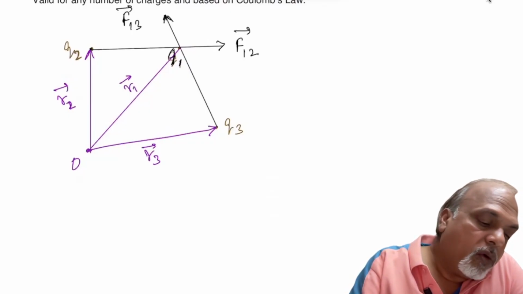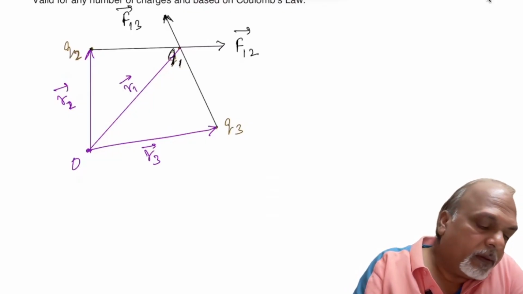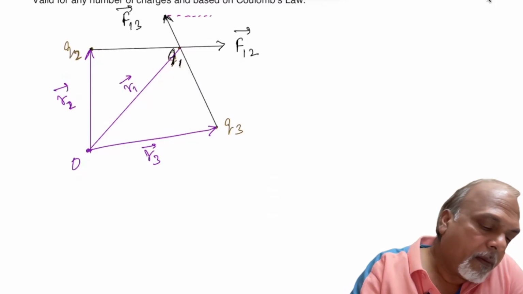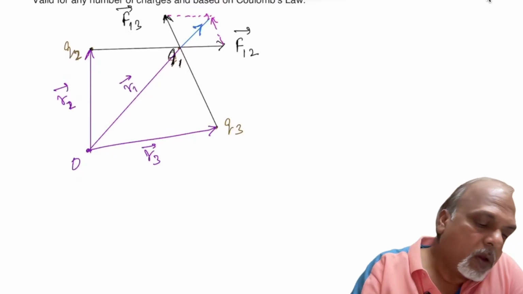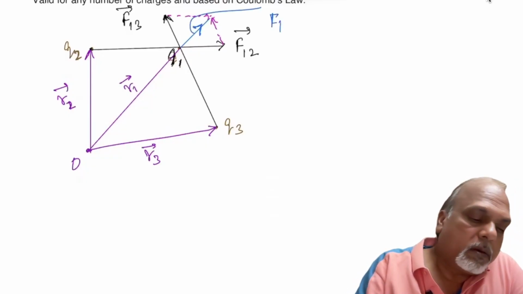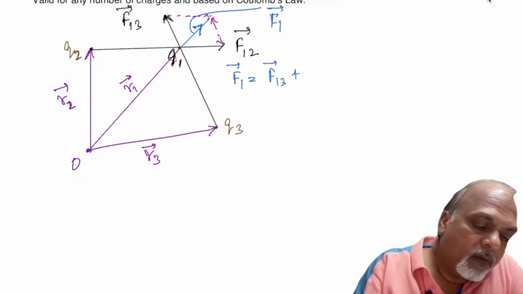It will be basically the vector sum of this. If we denote F1, that means F1 is nothing but F13 plus F12, like that.